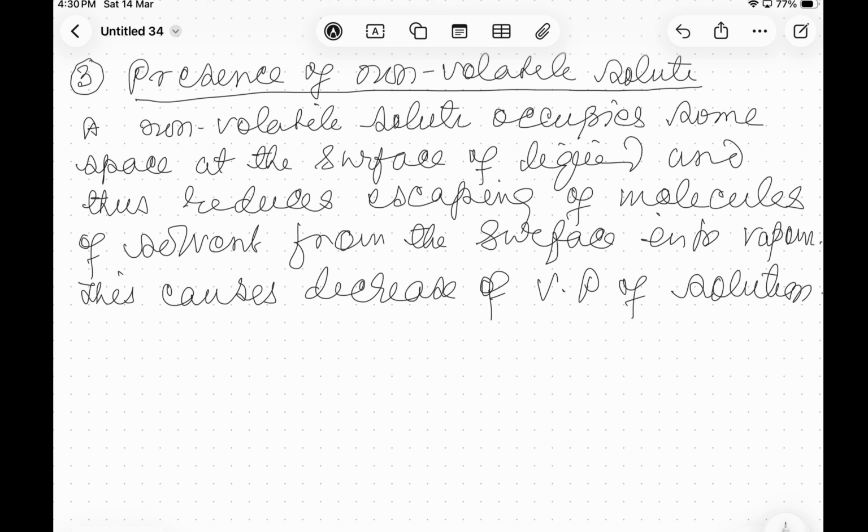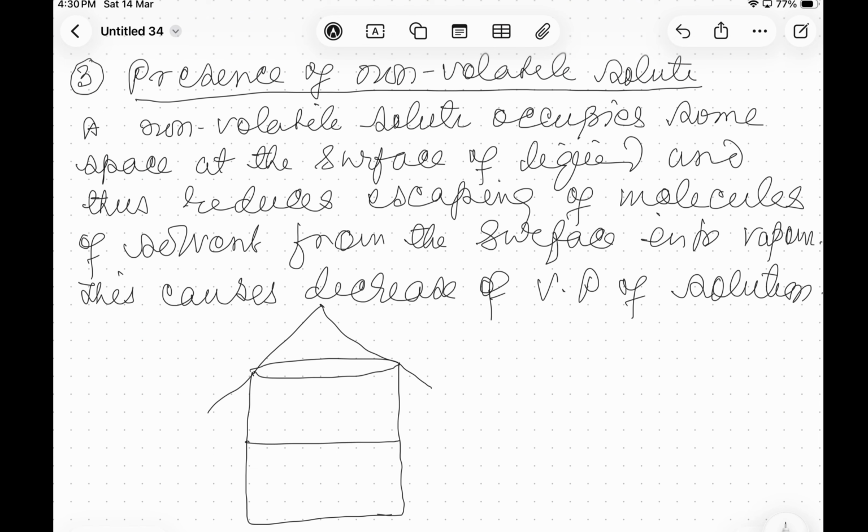Let me figure out these two cases. If you are taking a pure sample of water and covering it to make the volume over the surface of liquid constant or fixed, the molecules in pure liquid are only the molecules of solvent.